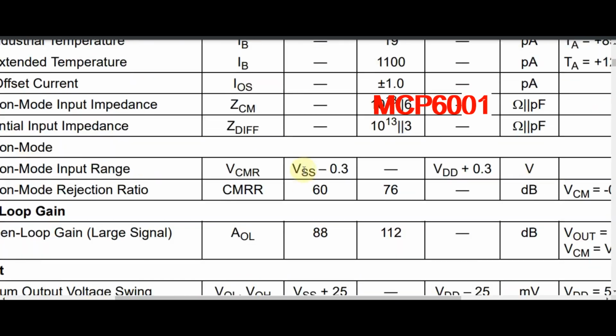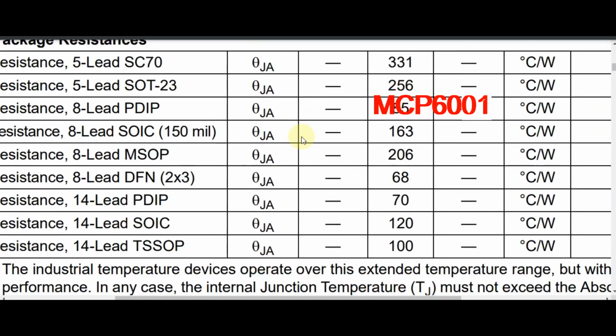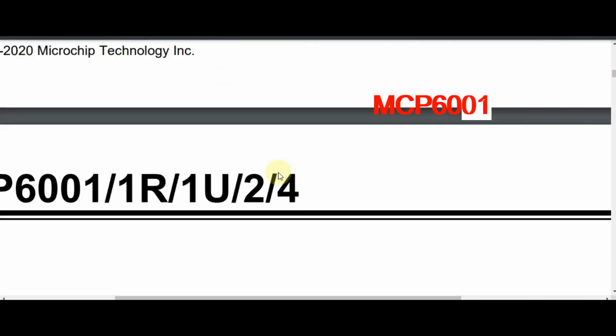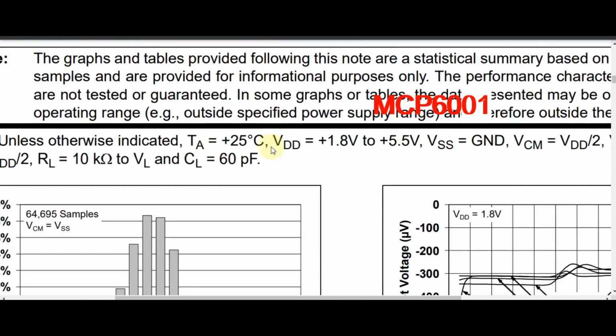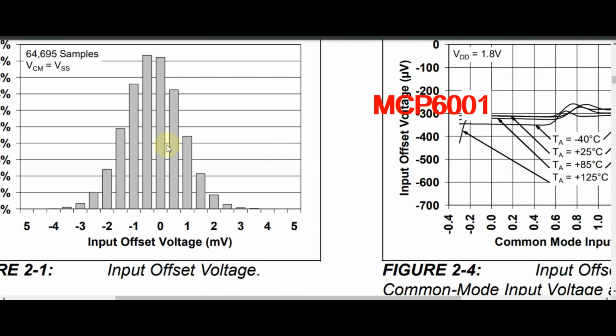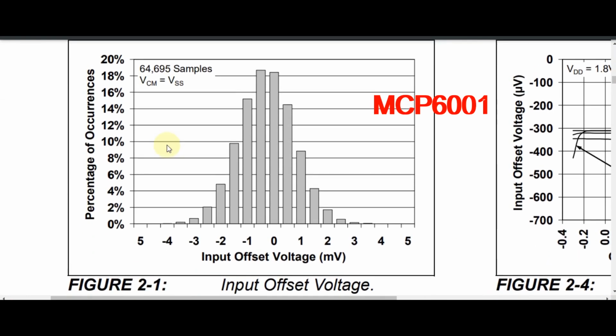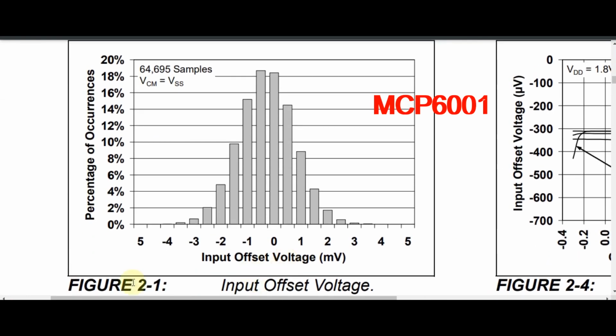Our objective today is to understand the graph between input offset voltage and the occurrence. This is a graph of input offset voltage and the percentage of occurrence. Input offset voltage is given on the x-axis and on the y-axis you can see the percentage of occurrence.